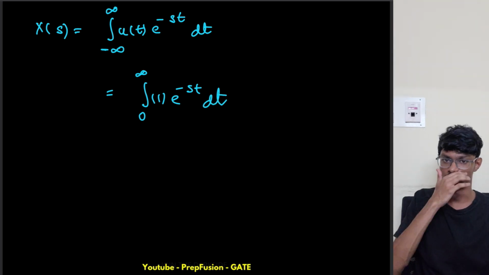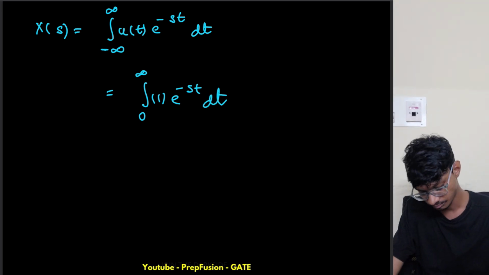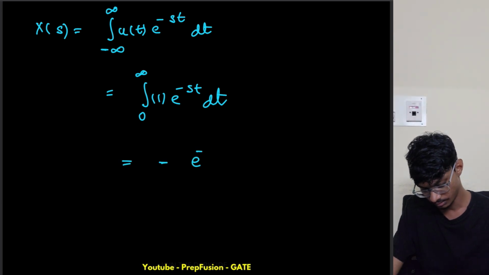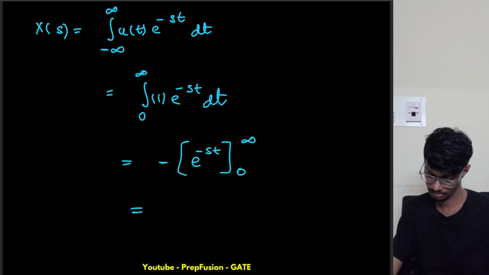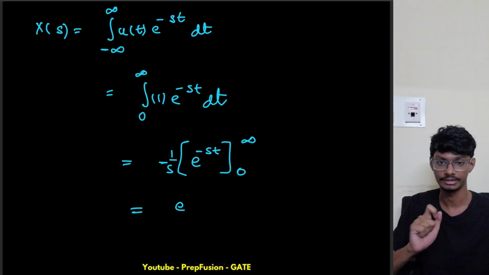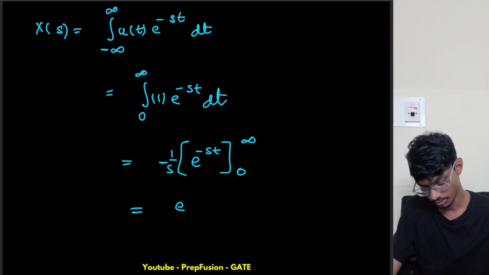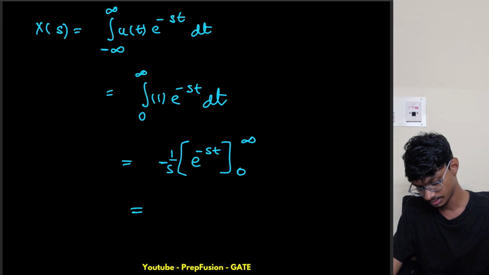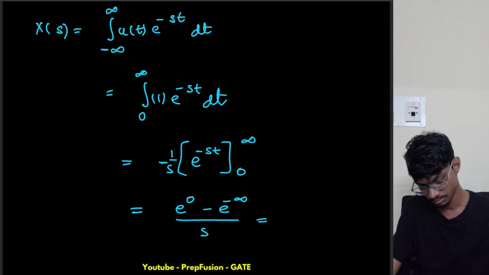Now let me do the simple integration. This is minus e raised to power minus st from 0 to infinity. Oh, we have 1 by s also, don't forget the constant, since we're integrating with respect to time. So we get e raised to power 0 minus e raised to power infinity, divided by s. So we get 1 by s.